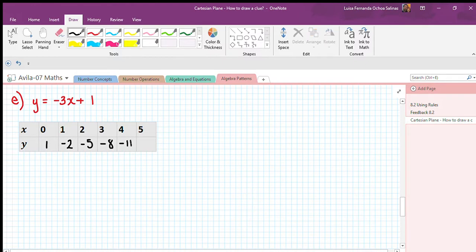Is that right? Yeah. And 15 plus 1 is 16. Yep, working beautifully.